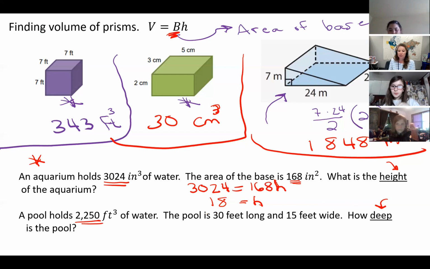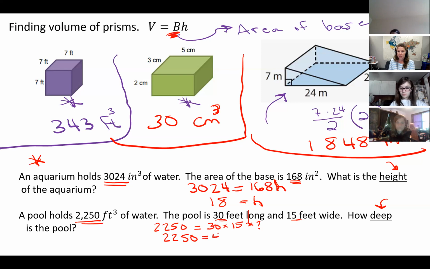Okay, now the bottom one, it doesn't give me the area of the base, but it does tell me the length and the width. So what am I going to do on the bottom one? So I'm going to multiply 30 and 15.